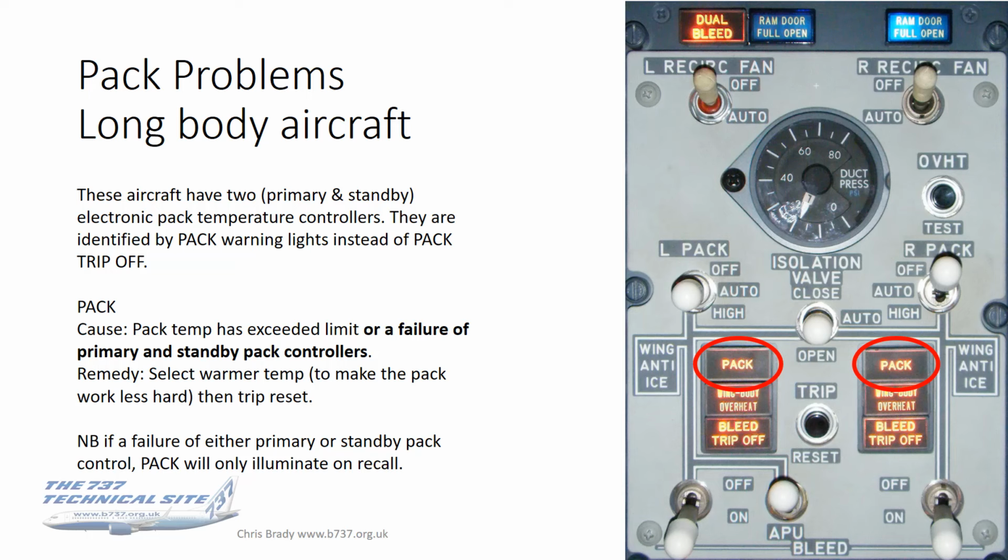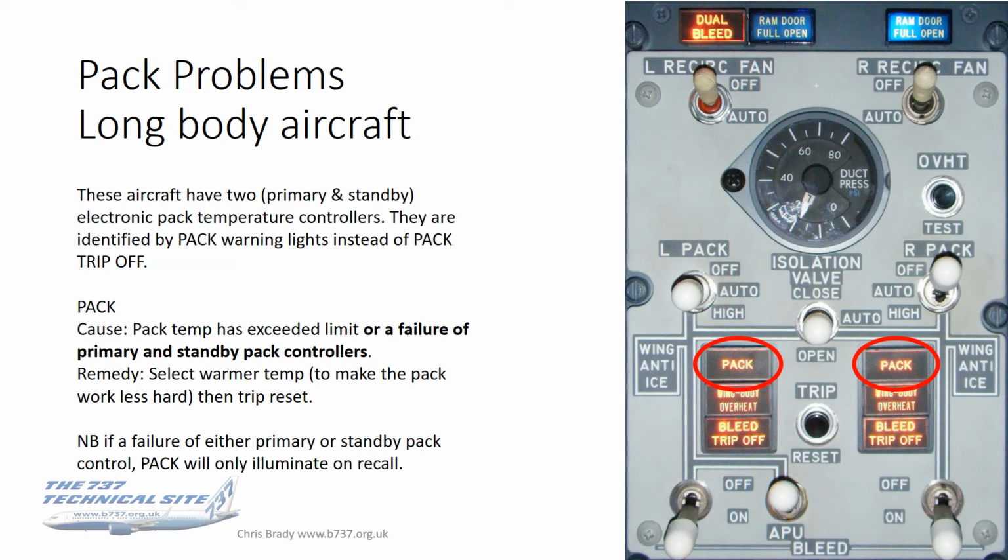Now the logic for this is the same with all dual channel systems on the 737. If it's a single failure, then you will only get the pack light illuminating on master caution recall. If both fail, then the pack light will illuminate as soon as the second one fails.